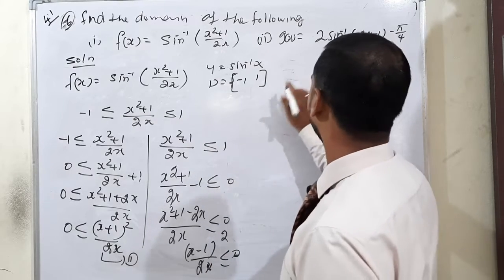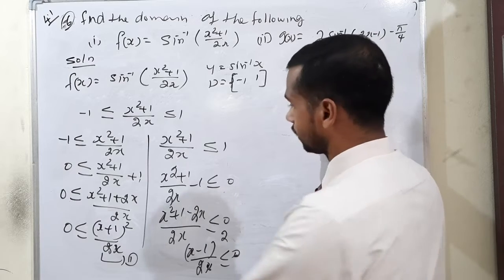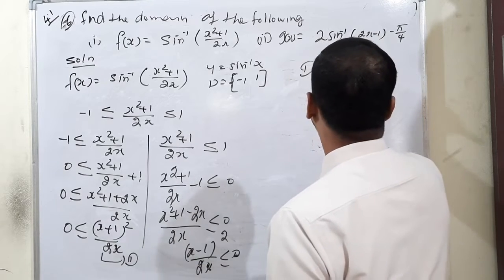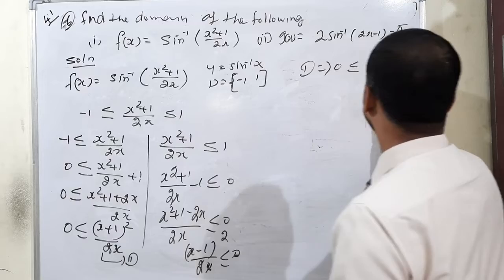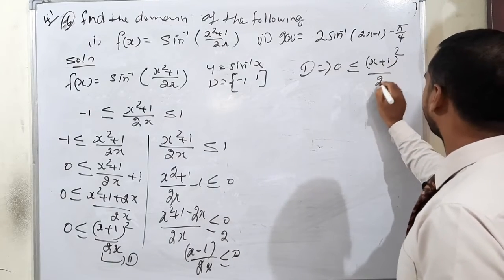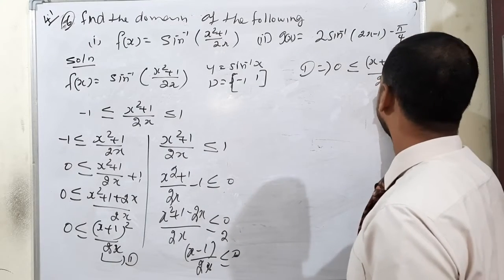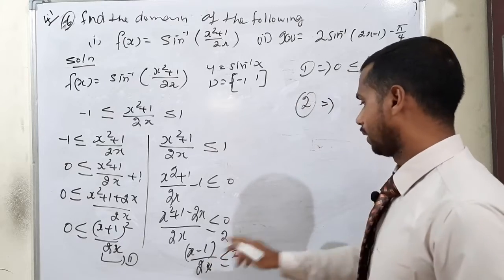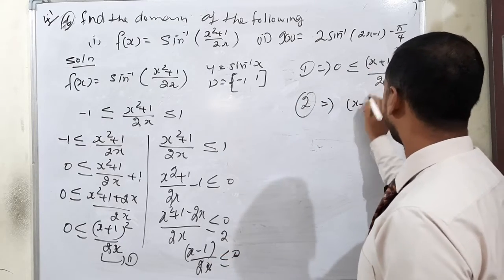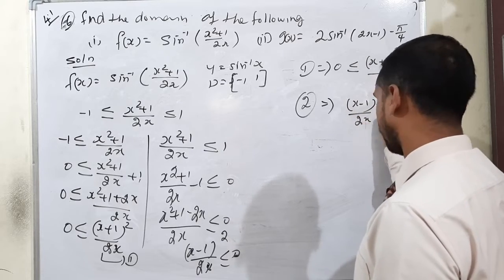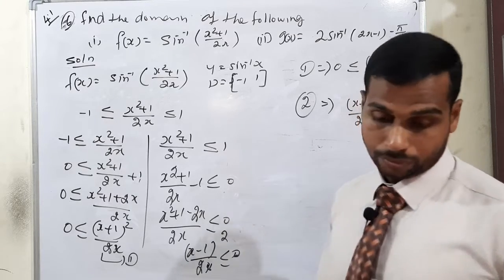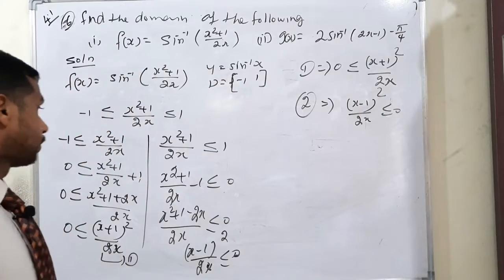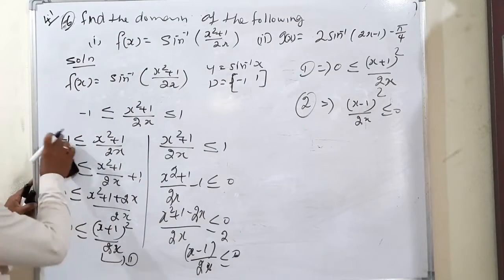So what is the first case? 0 is less than or equal to x plus 1 the whole square divided by 2x. What is the second case? x minus 1 the whole square divided by 2x is less than or equal to 0. You have to prove it on the number line.